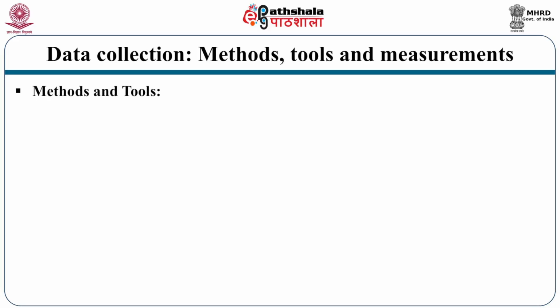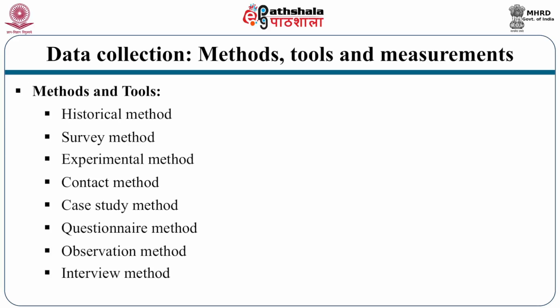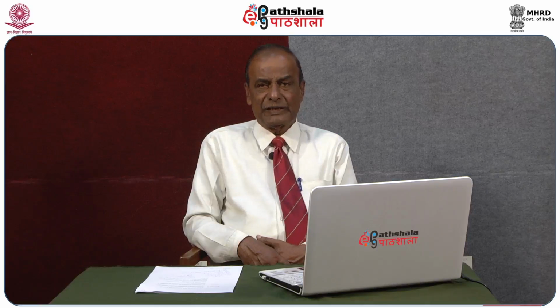Now, let us first see the methods of data collection or the tools used in data collection. These are the methods of data collection: historical method, survey method, experimental method, contact method, case study method, questionnaire method which is a tool, observation method which is again a tool, and the interview method. More than one method or more than one tool can be used in each one of the methods.